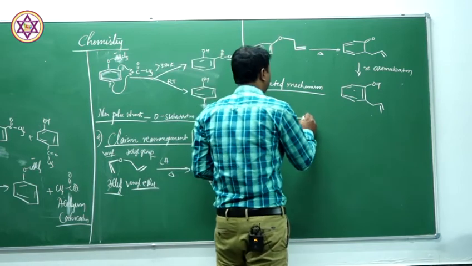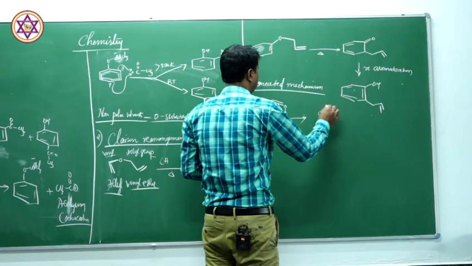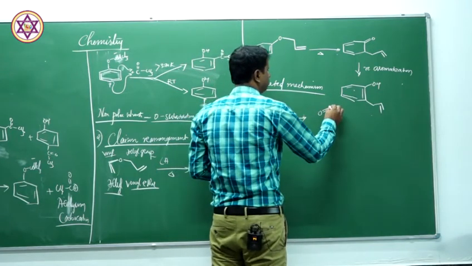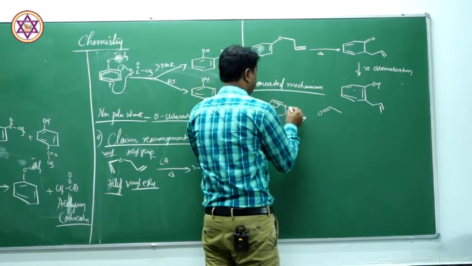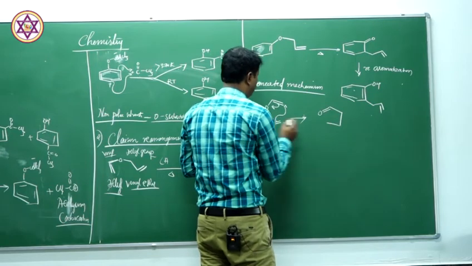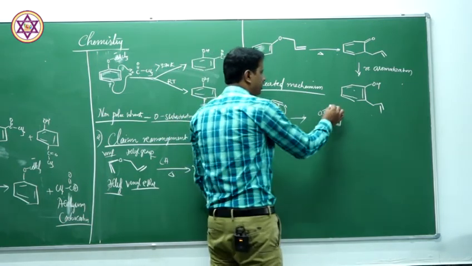Now we'll write that here. Oxygen was here. Here this bond is coming, and this bond attaches here, and there is a new double bond here. Here there is a hydrogen atom.